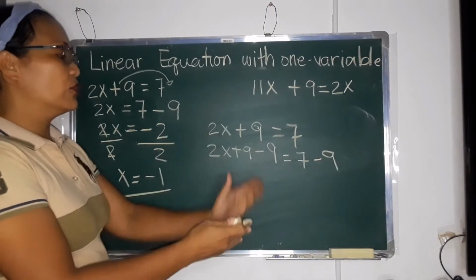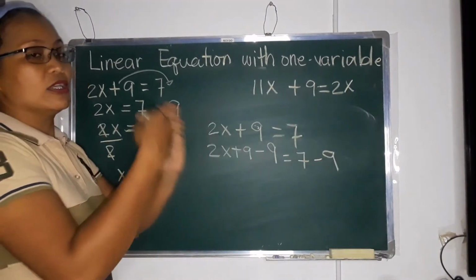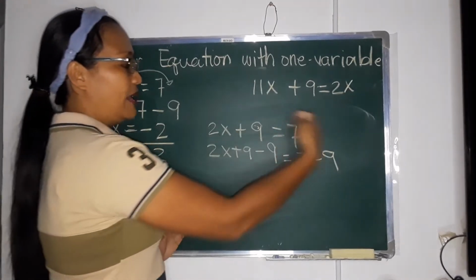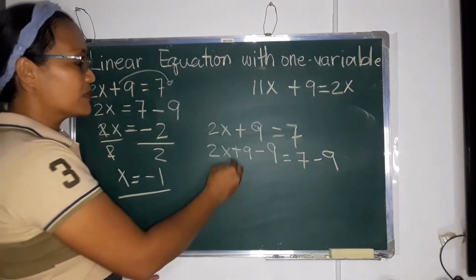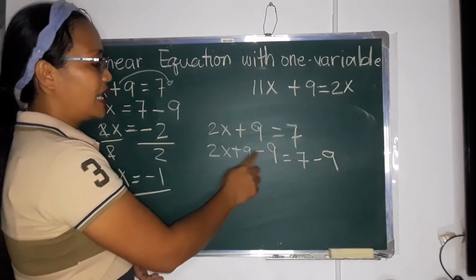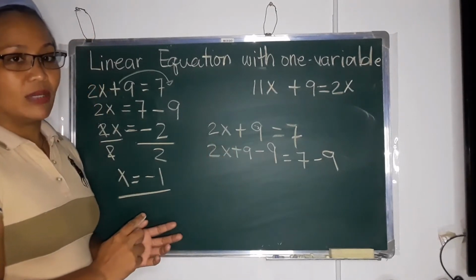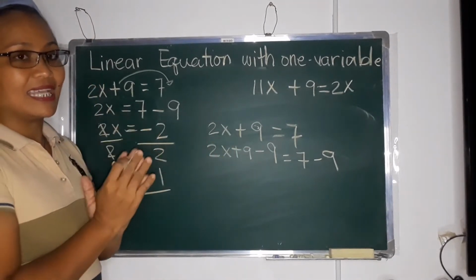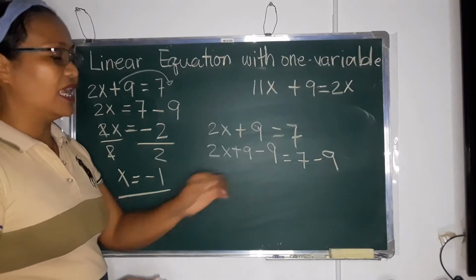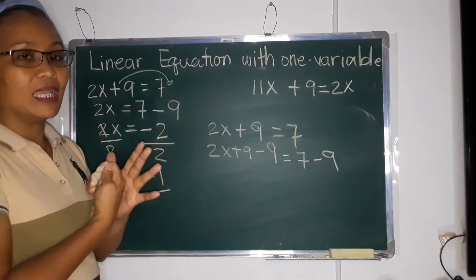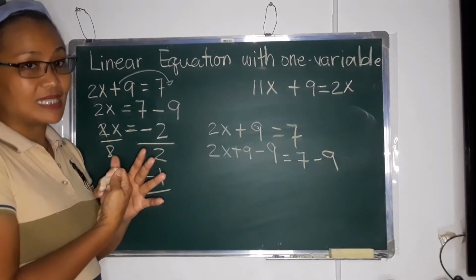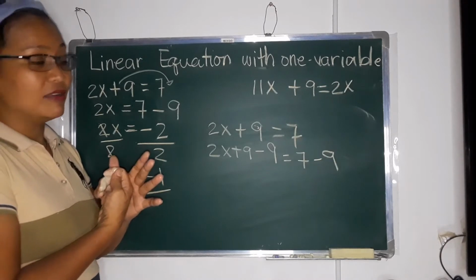Because whatever you do on the left side, you should also do on the right side. Okay? So, positive 9, negative 9. As I had mentioned a while ago, if we add unlike sign, so positive and negative, copy the sign of the greater value.